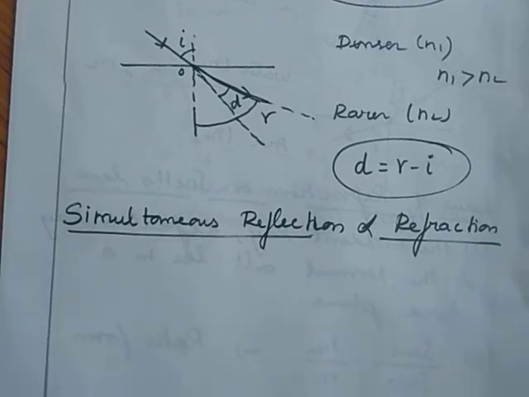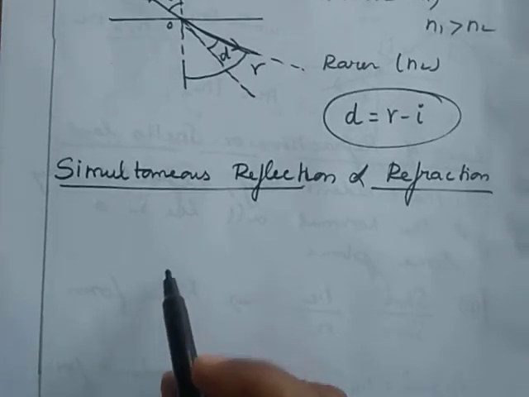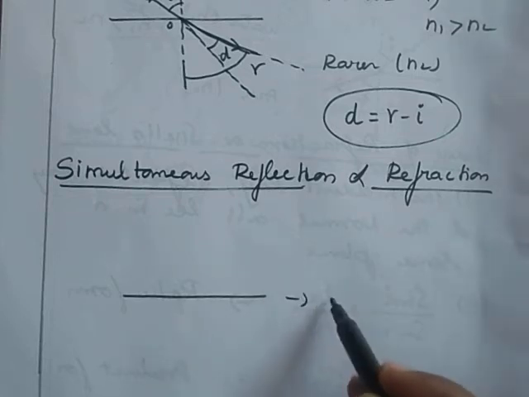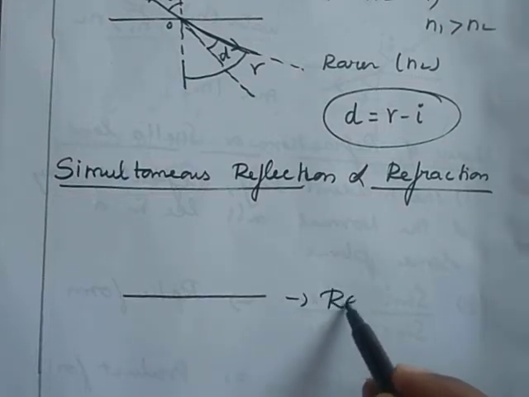Wherever reflection happens, refraction will certainly happen there. Wherever refraction happens, reflection will certainly happen. Okay? First of all, I consider a refracting surface. For every refracting surface there will also be some reflection taking place.